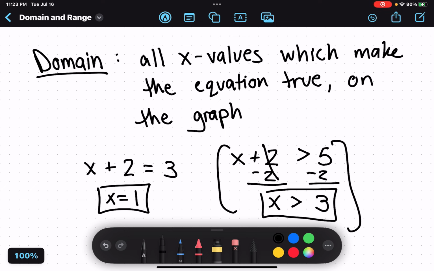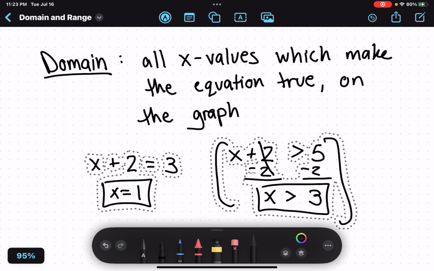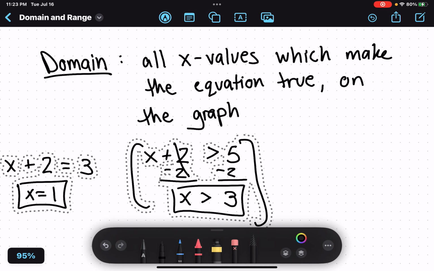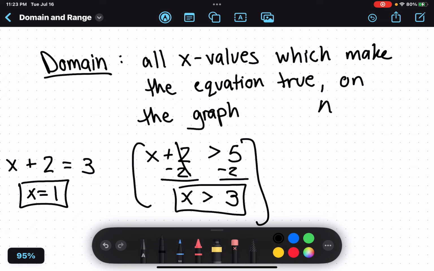Okay, but let's talk about a graph too. Now, let's say we had a graph on the coordinate plane and we had something like this.